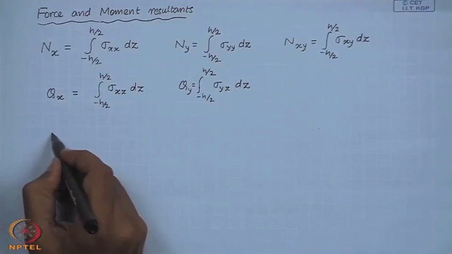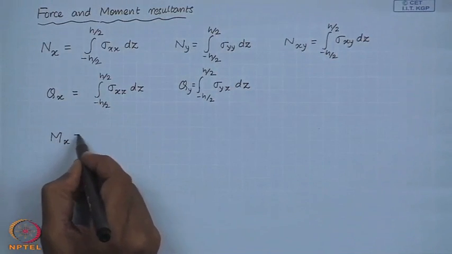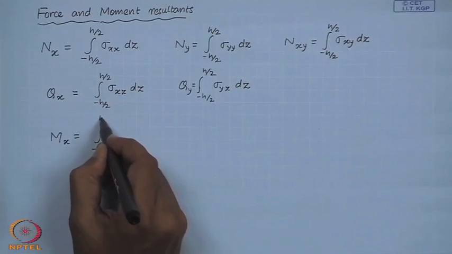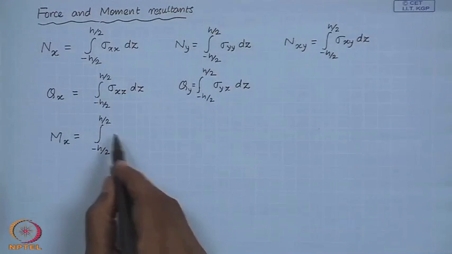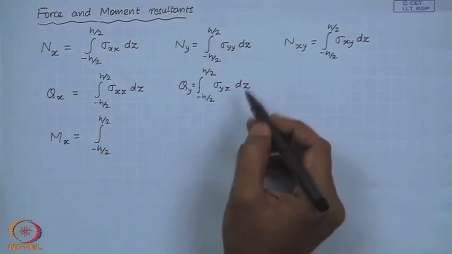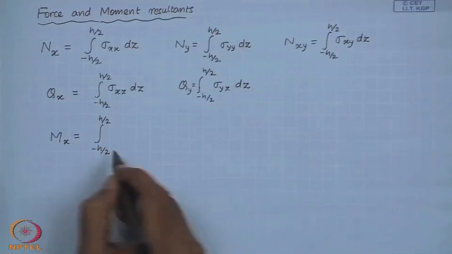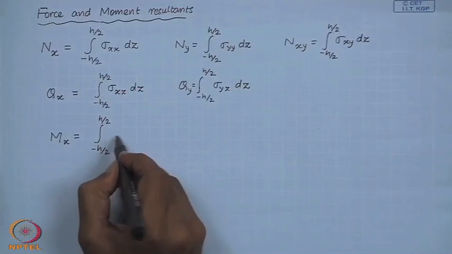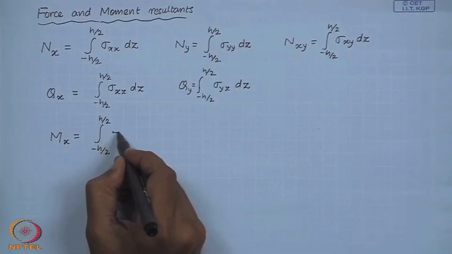And we have the moment resultants, because of moments due to the normal and the shear stresses.